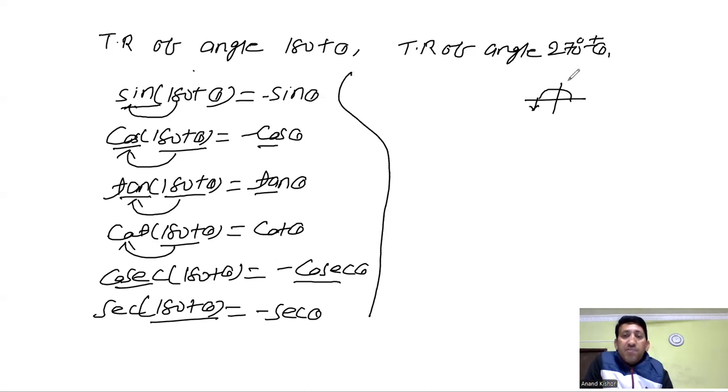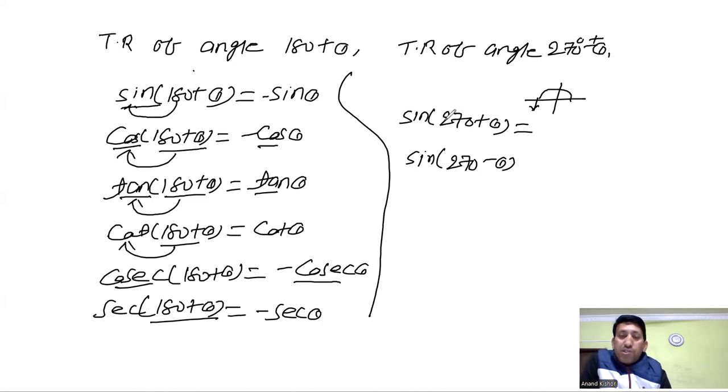Similarly, if we talk about 270, I'm giving only one example. Say sine 270 plus theta, tan 270 plus theta, and one more, sine 270 minus theta. This is 270, not 180, so the trigonometrical ratio will change at 90 and 270.